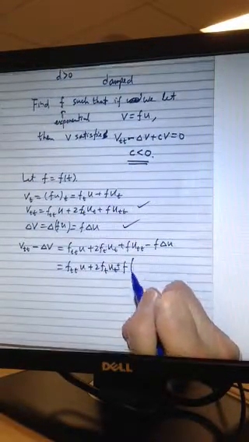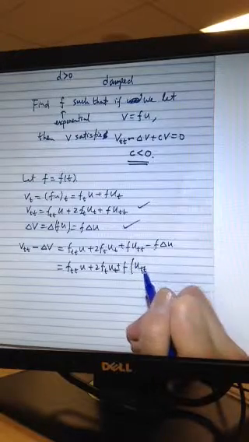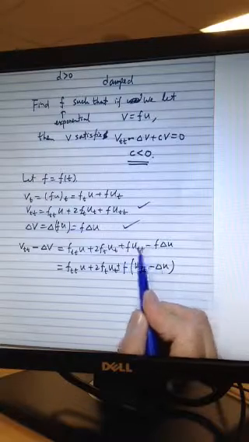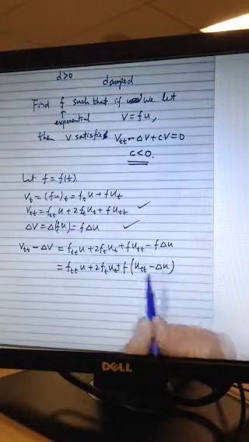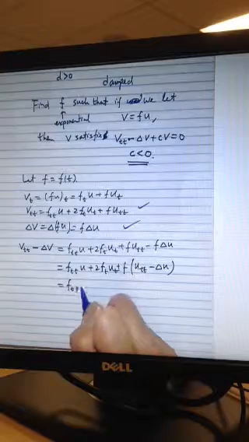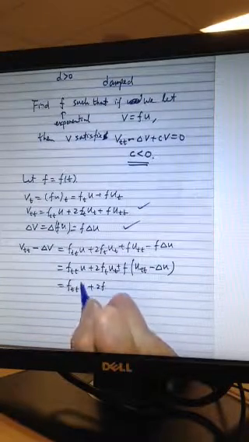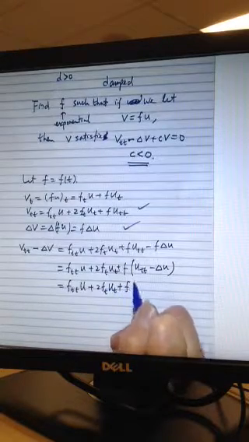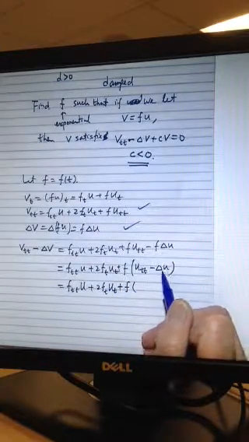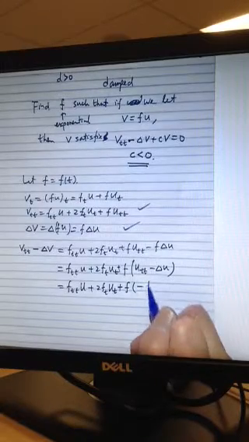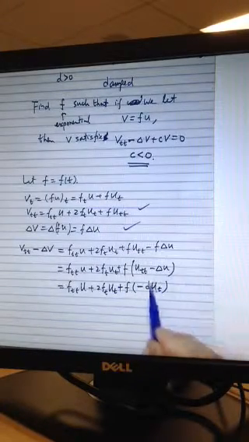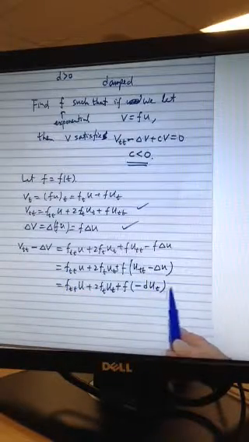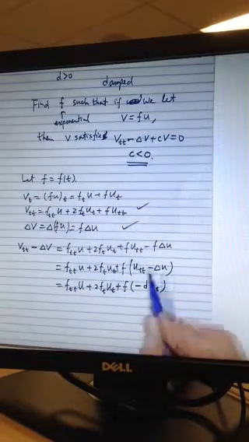I'm going to factor f out, so I have u_tt minus the Laplacian of u. And I know what this should be, because from the original equation, u_tt minus the Laplacian of u should be minus d u_t. This equals the negative of the other term.